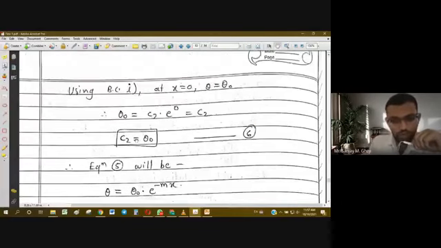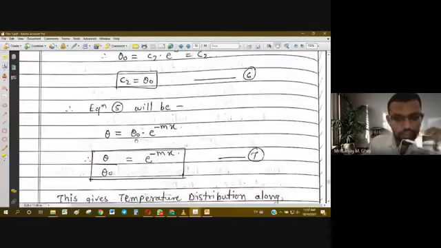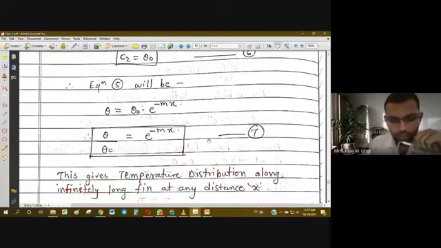Okay. So due to these boundary conditions, we are getting a very simple form of equation for temperature distribution. It is very easy to remember and very simple to write. It has only one term, e raised to minus mx. No hyperbolic function, no other factors involved. So theta by theta 0 is equal to e raised to minus mx.